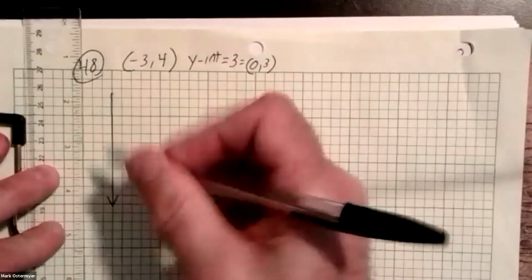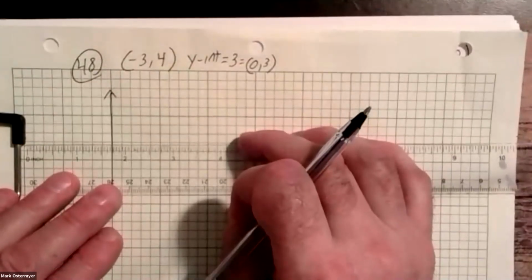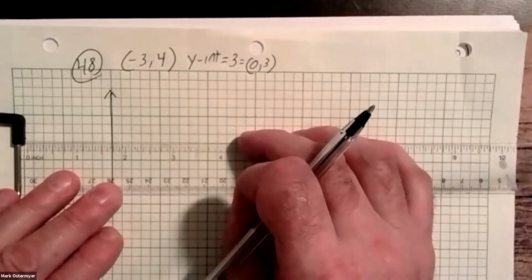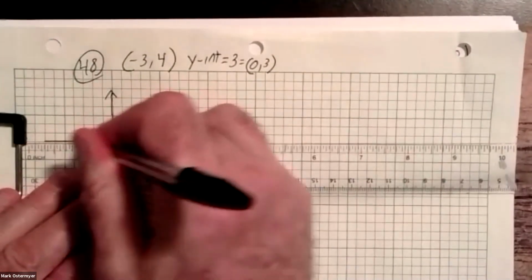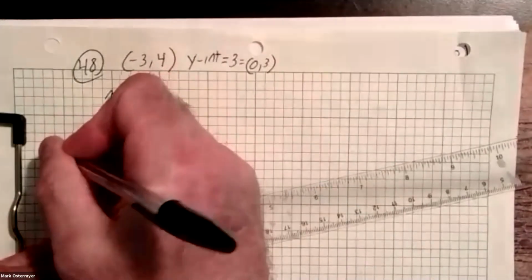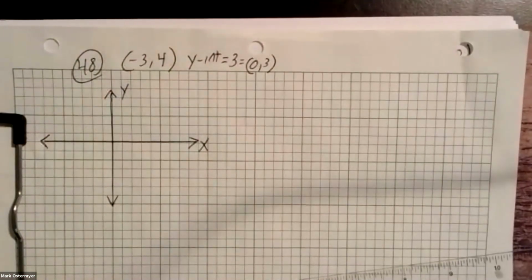If you freehand draw your XY coordinate plane, your tick marks may not be evenly spaced, and it might be very difficult to accurately answer this question. So we're going to draw ourselves an accurate XY plane.